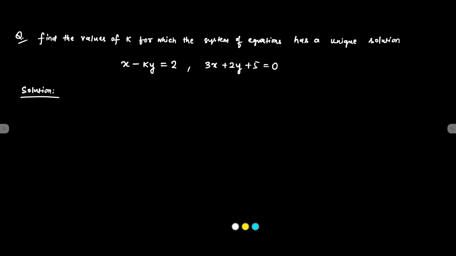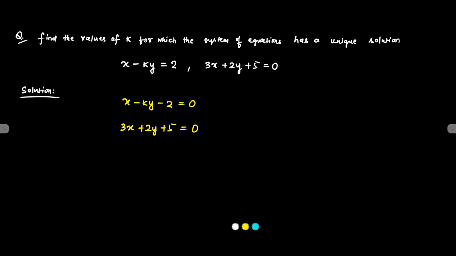So it is x minus ky minus 2 is equal to 0 and 3x plus 2y plus 5 is equal to 0.